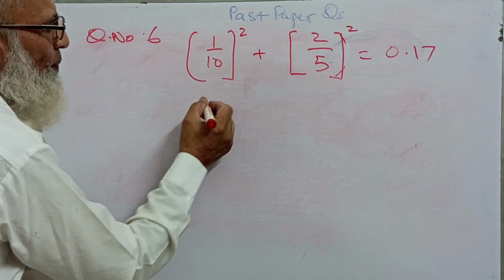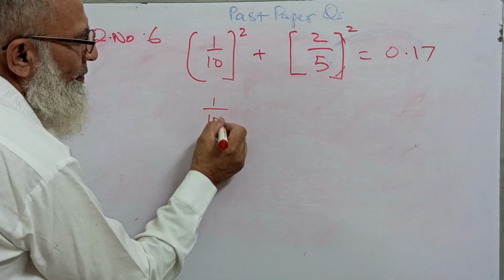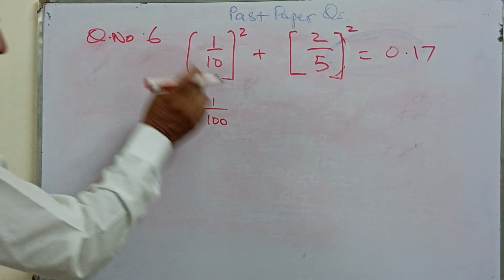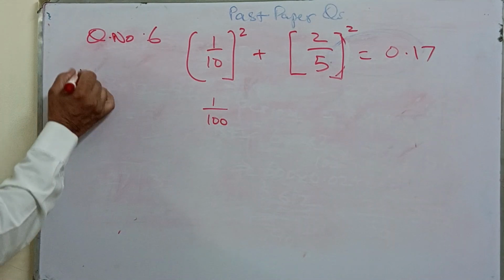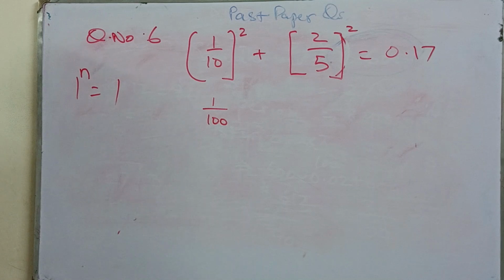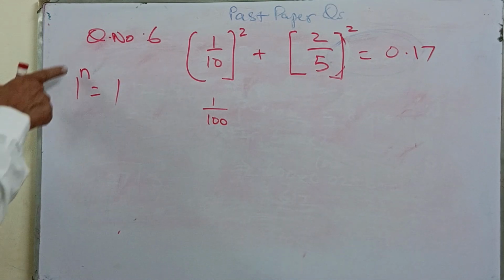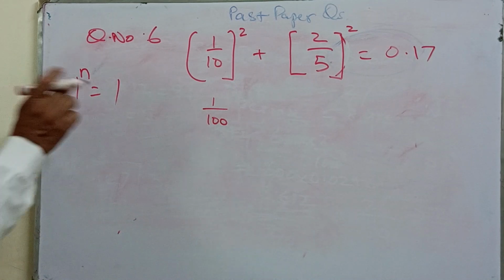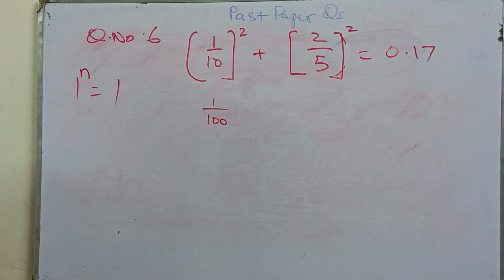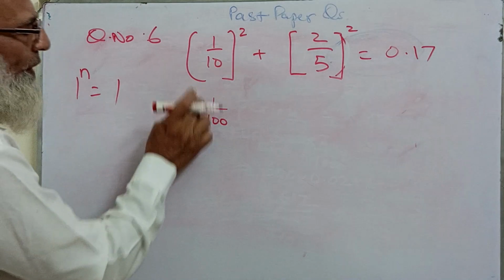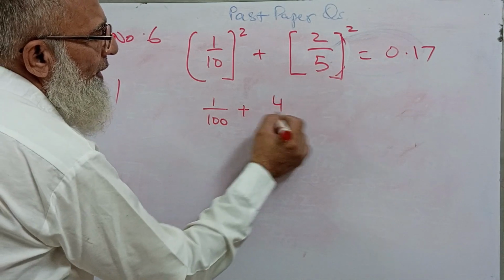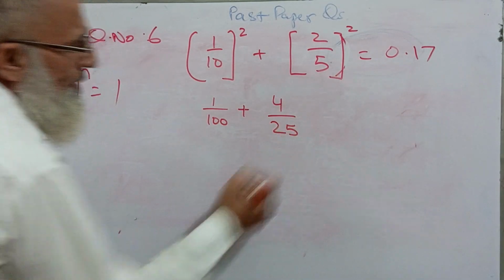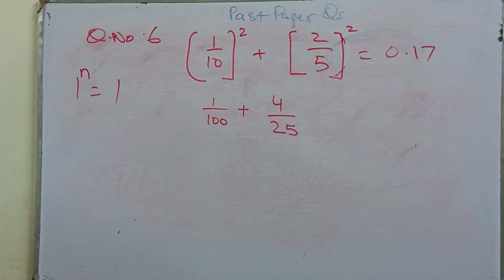If I open this, it will become 1 upon 100, because anything raised to power 1 is 1. You can put any power n, and it will remain 1. So it will become 1 upon 100 plus 4 upon 25 plus 4 upon 25.